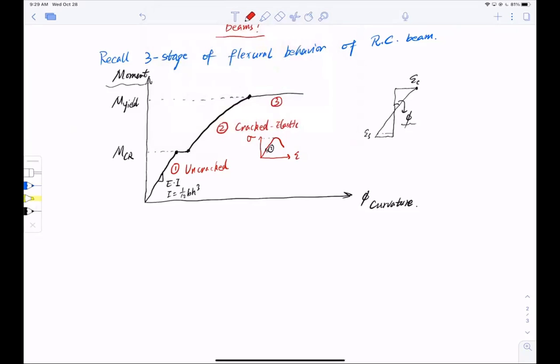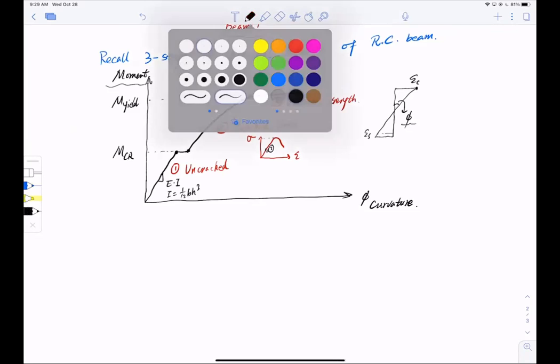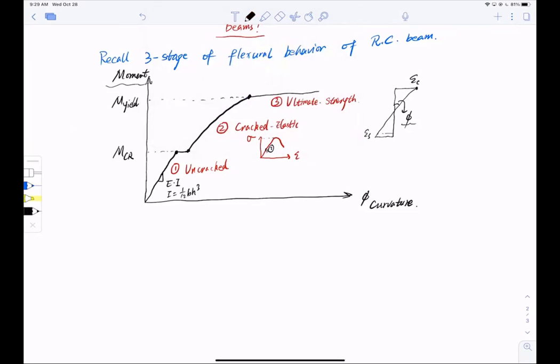This is called ultimate strength. That means you cannot have higher strength than this anymore in terms of moment capacity. So these are the 3 stages.